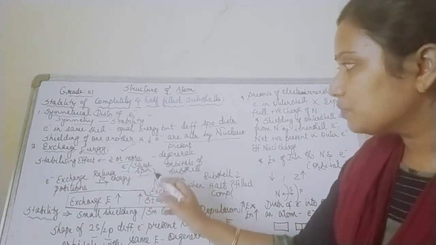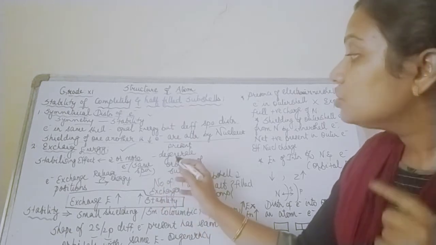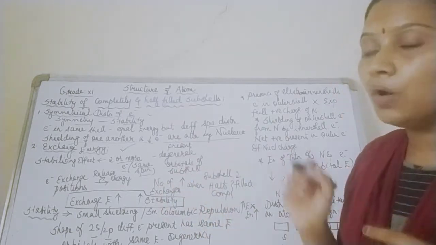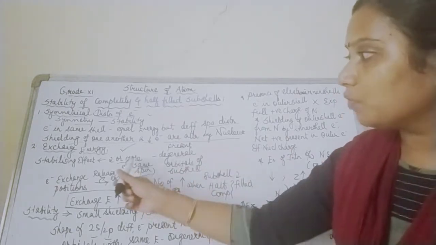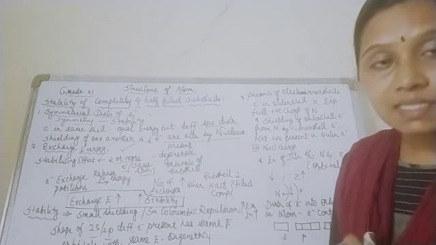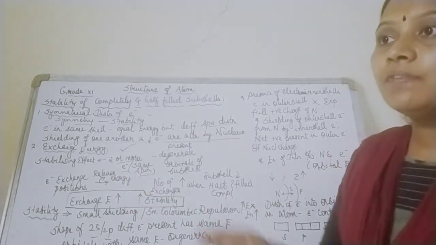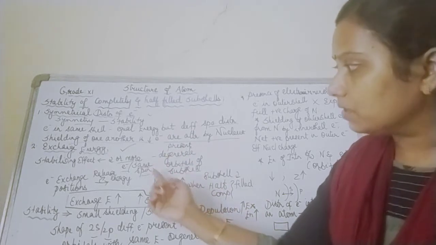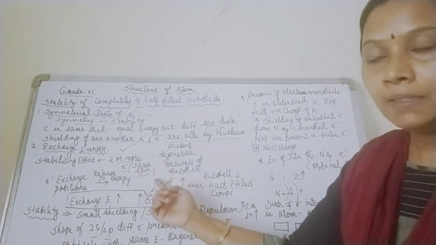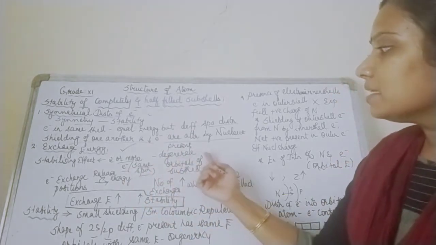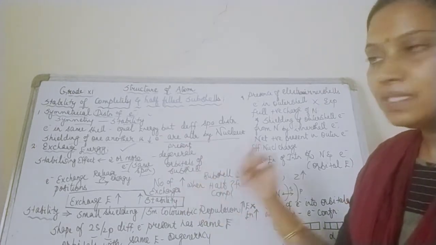What I want to infer is, when does the stabilizing effect arise? When two or more electrons have the same spin, then degeneracy is present in the orbitals of the subshell.